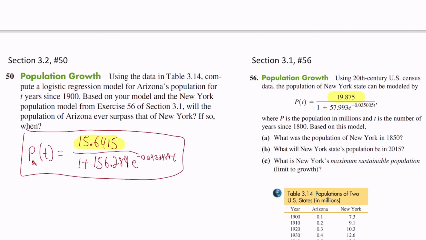I am going to graph them both in a second, but we know that the answer to that question is no, because the maximum population for Arizona, according to this model, is 15.6 million, whereas the maximum population for New York is closer to 20 million. And again, that's the maximum, so there's no way it could possibly pass it, probably because there are not enough resources in Arizona to support that kind of population, at least now.